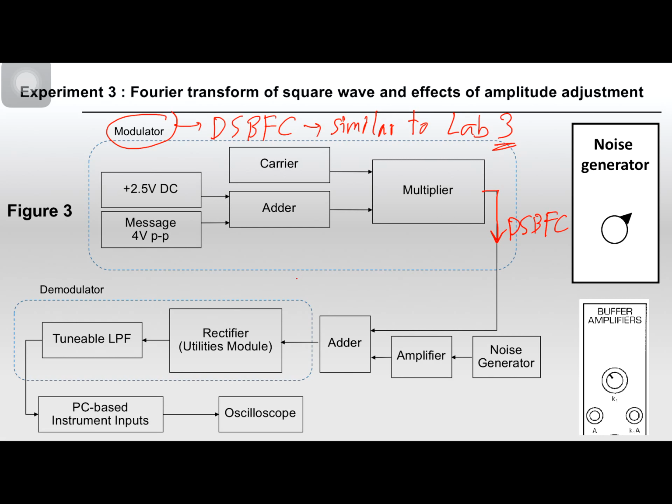And then at the demodulator, here is your demodulator. Before you go to the demodulator, you have to generate the noise and pass it through the amplifier, and go to the adder with your double sideband full carrier, and then do the demodulation the same as you did in lab 3.